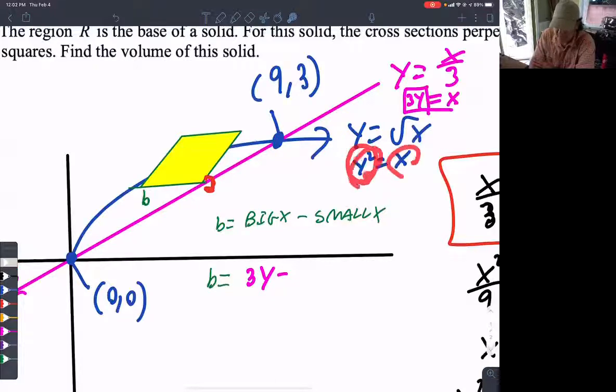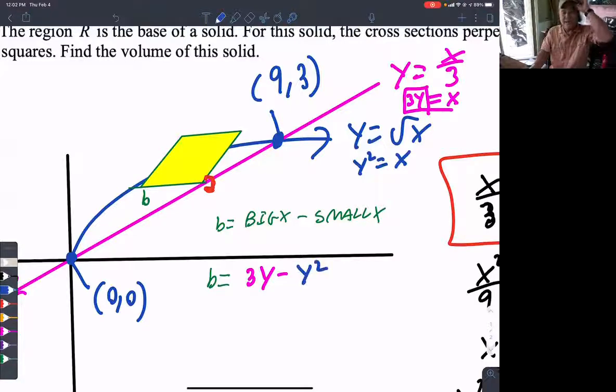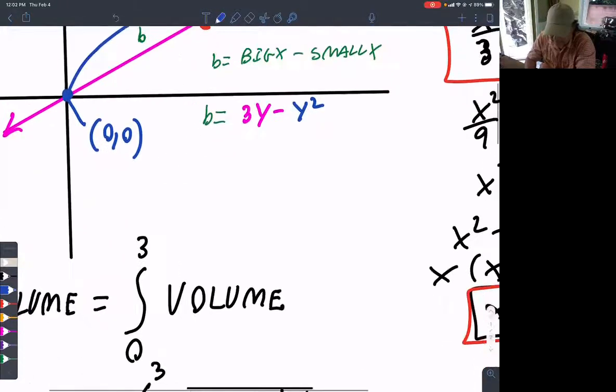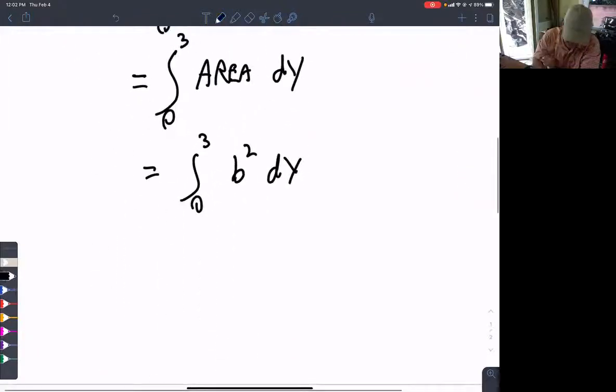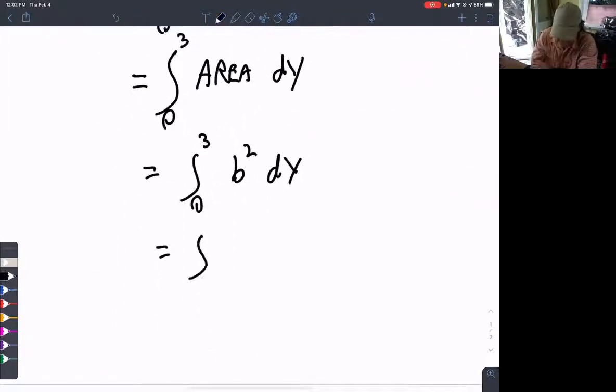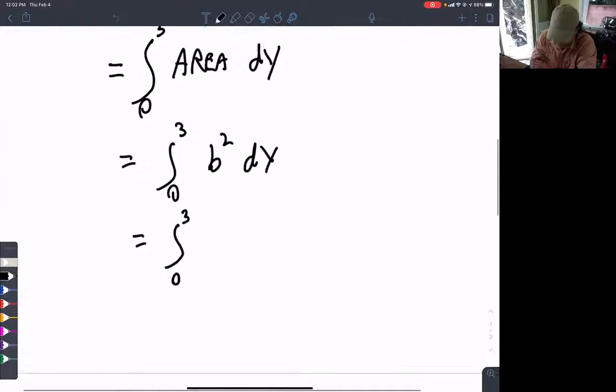So I'm going to put y squared. That is my little b, or little x. So now I found b is 3y minus y squared. So here is the money equation. It's going to be 3y minus y squared.